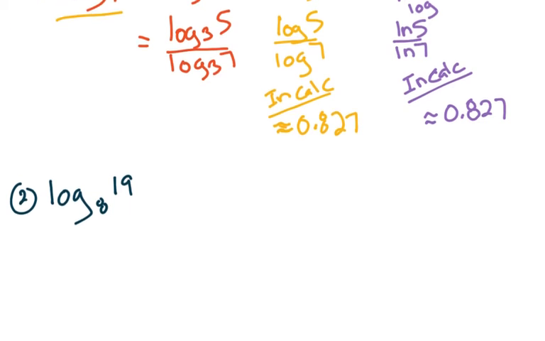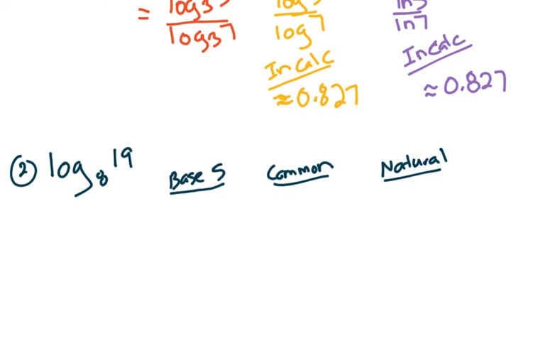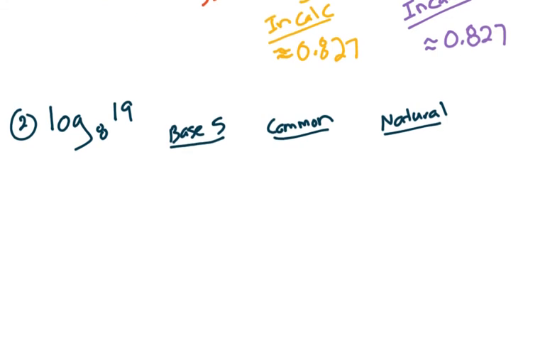I want you to rewrite it with base 5, with our common logarithm base, and with our natural logarithm base. So pause your video, try rewriting it using the change of base formula, with base 5, common log, and natural log, and then I'd like you to put it in the calculator as well.